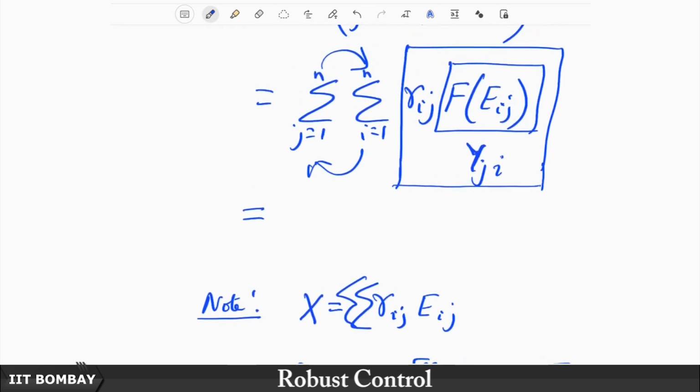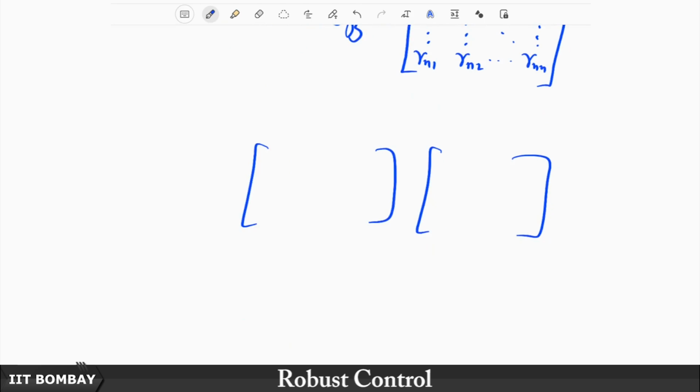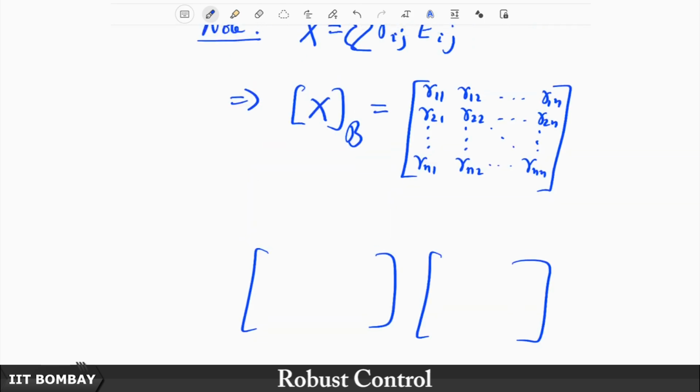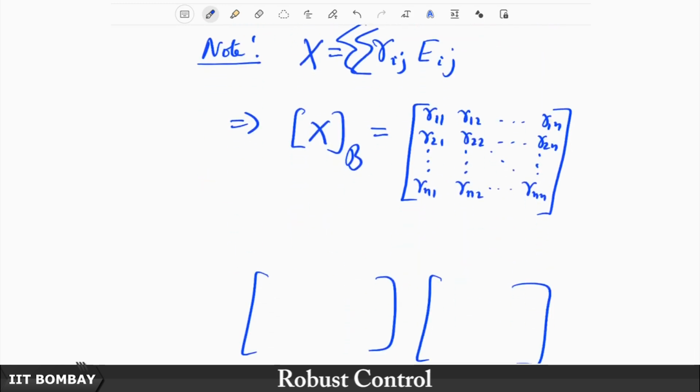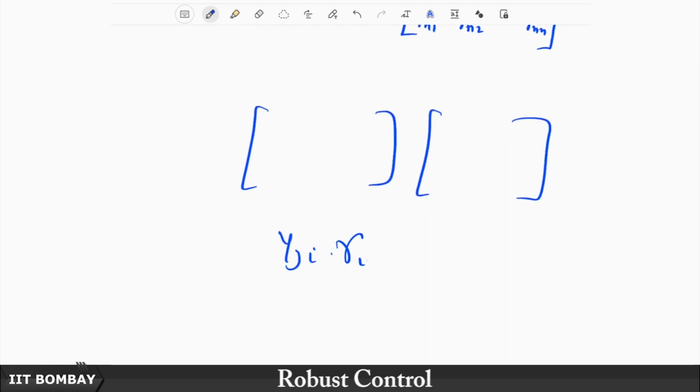And then what does this look like? If you now focus on this, keeping a fixed j and summing over i, what does this remind you of? This is nothing but Yji times gamma ij.